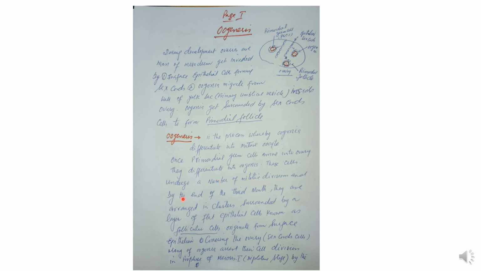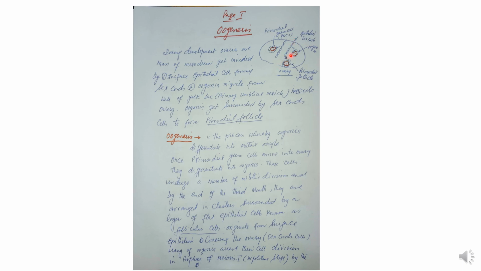These cells undergo a number of mitotic divisions, and by the end of the third month they are arranged in clusters surrounded by a layer of flat epithelial cells known as follicular cells.